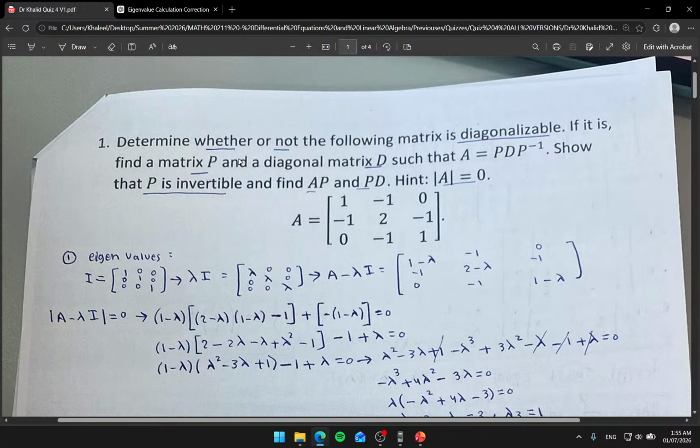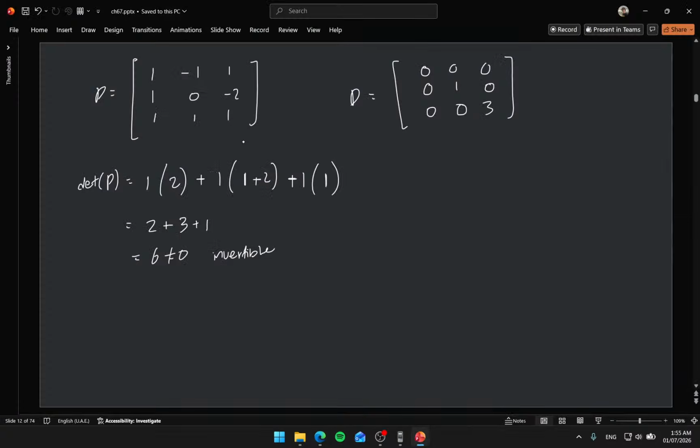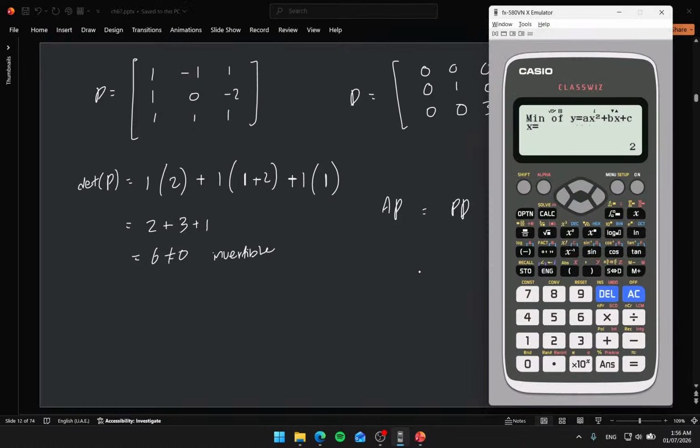And find AP and PD. So AP equals PD. Well, if you don't know, you can put it into a matrix here. Yeah, this one. And you enter it 3 by 3: 1, negative 1, 1, 1, 0, negative 2, 1, 1, 1.